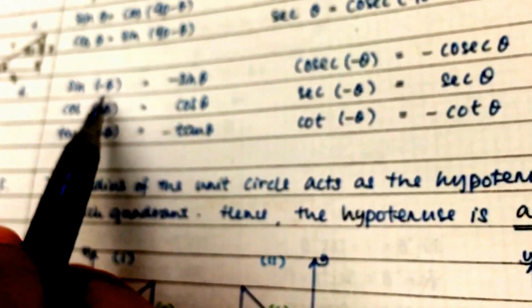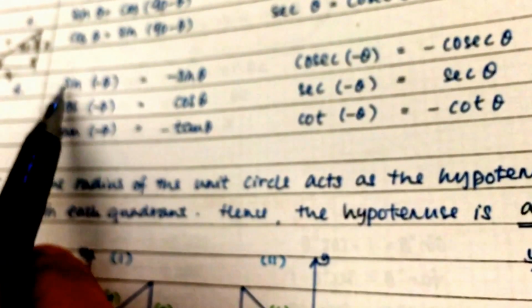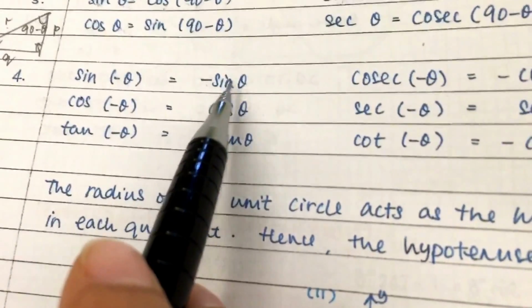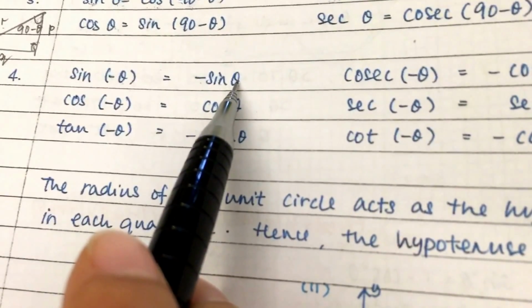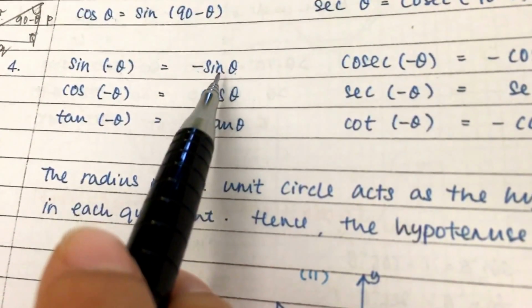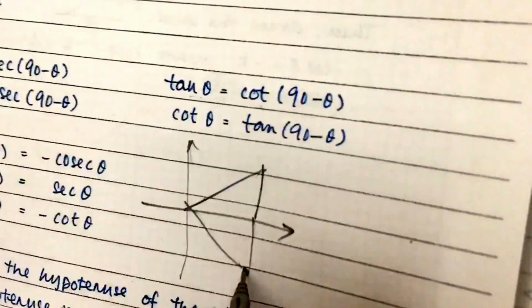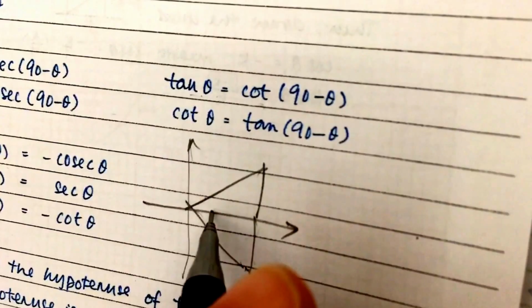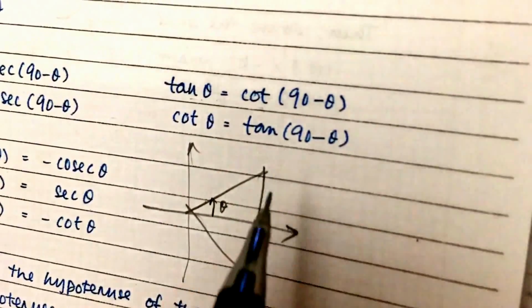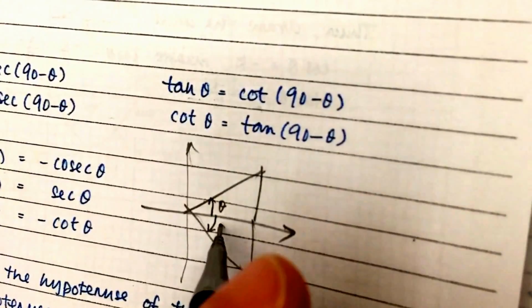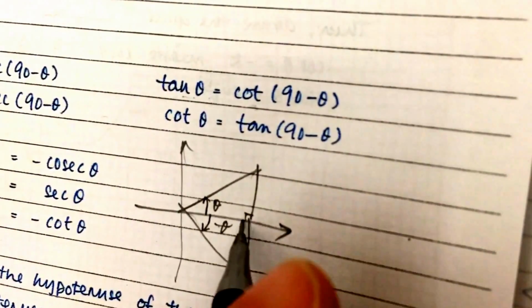Okay, the next one. Sine of negative theta, a negative angle. So sine of negative 60 degrees is the same as negative sine of positive 60 degrees. But why? If we have the same angle theta, negative theta just means that it travels clockwise, right? Now both are 90.